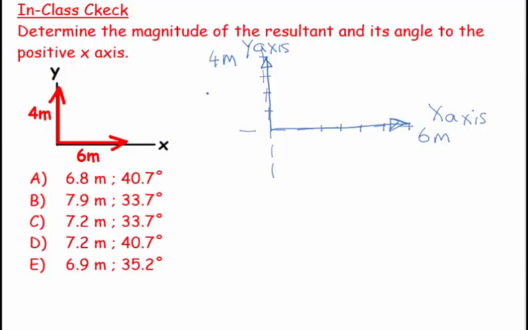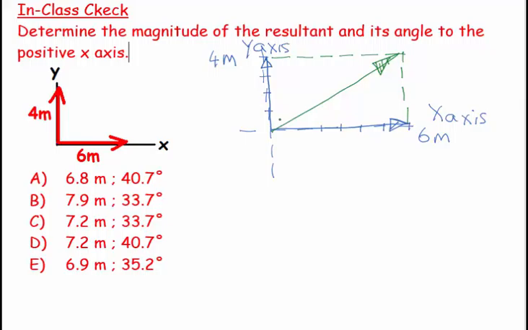And I want to try and construct from that my original resultant vector. Well, the first thing I do is I draw a line perpendicular to the x-axis, and I draw a line perpendicular to the y-axis. And where they meet, that's the end of my resultant vector. And I have this as my resultant vector.